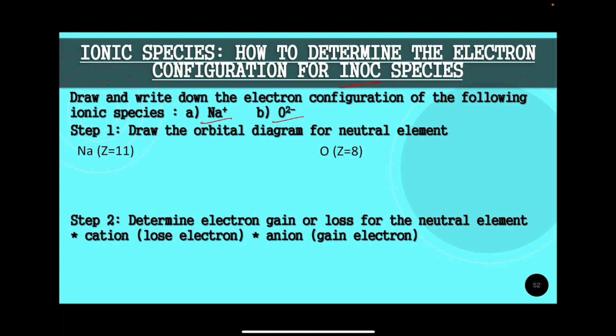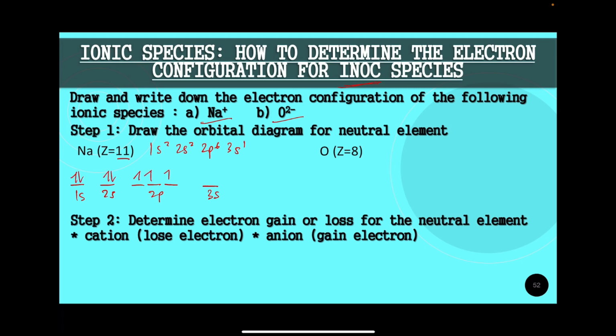So for sodium, since it has 11 electrons, 1s2, 2s2, 2p6, 3s1, and the orbital diagram: 1s, 2s, 2p and 3s.